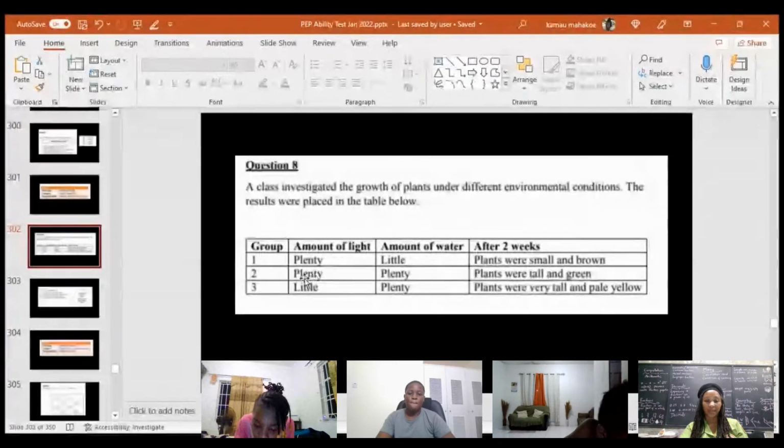When the light was plenty but not enough water, the plants were small and brown, so they were not thriving. And when the light was little and the water was plenty, even though they grew tall, they were pale yellow, so they still weren't thriving. So the optimum conditions: plenty of light, plenty of water.